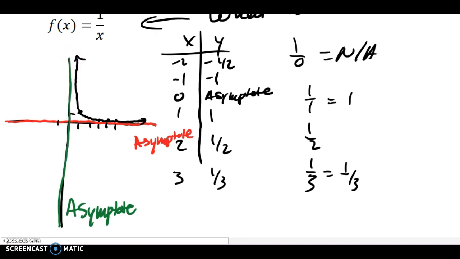When I put a -1 in, I get -1. When I put -2 in, I get -1/2. I put -3 in, I get -1/3. So this graph is going to look like this. That's its shape. Notice we have a new shape here, and we have two asymptotes. One that goes up and down, known as vertical. And one that goes left and right, known as horizontal.